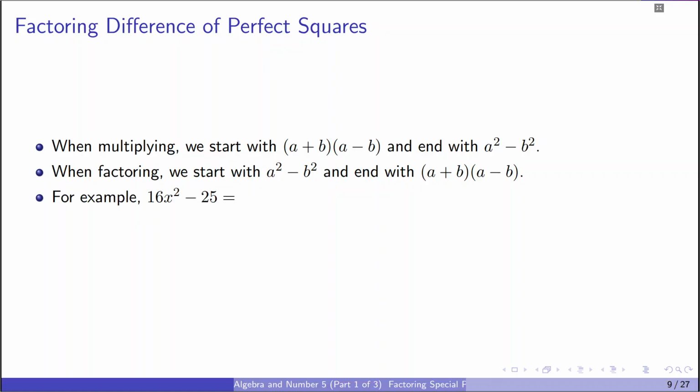For example, 16x squared minus 25. Both 16x squared and 25 are perfect squares. So we can take our 16x squared, turn it into 4x by taking the square root. We take our 25, take the square root of that, we get 5.